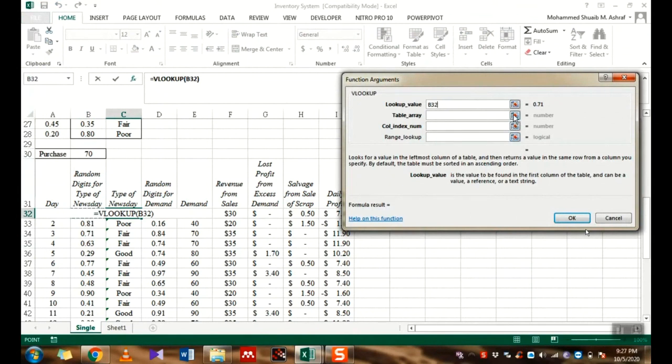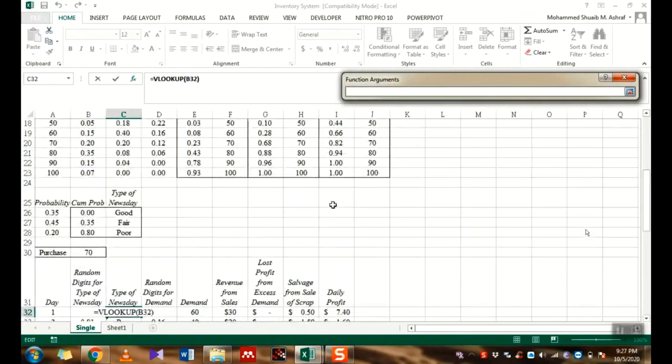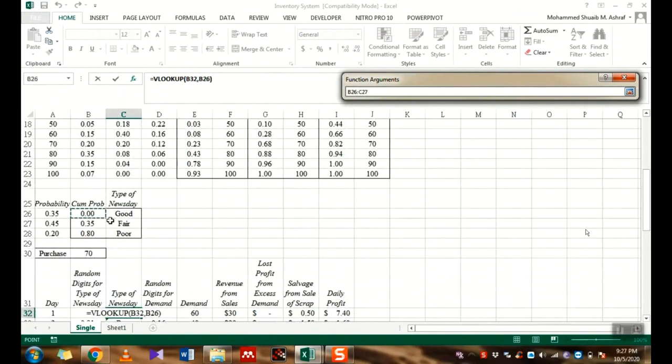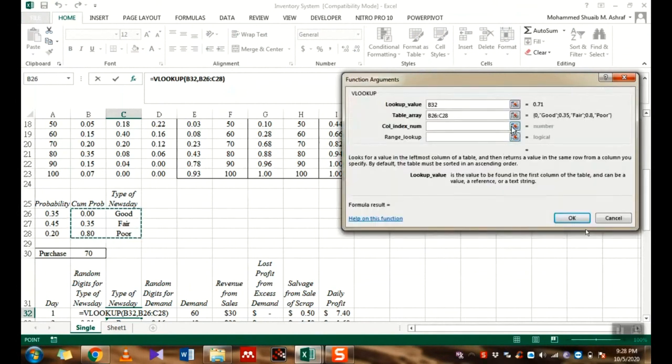So, this is the lookup value, and the lookup table is here. These are the cumulative probabilities, and these are the type of news day that we want to find out. Okay. And what is the column index? 2.